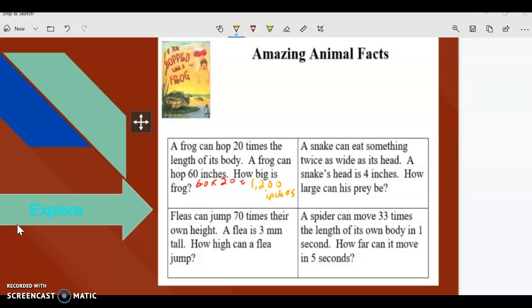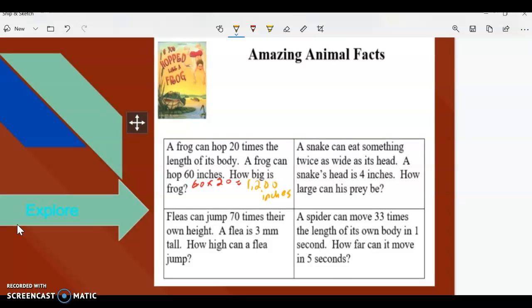But what I want you to really get in the habit of doing is, when you have a word problem, after you read it, go back and circle all the key numbers. So 20 times the length of his body. A frog can hop 60 inches. You have 60 inches right there.